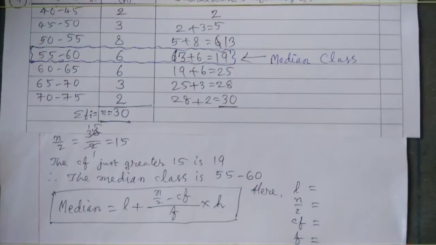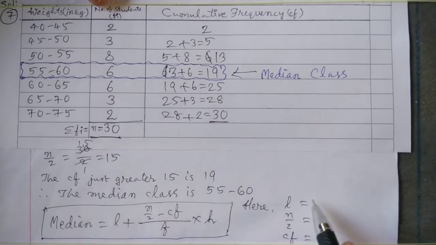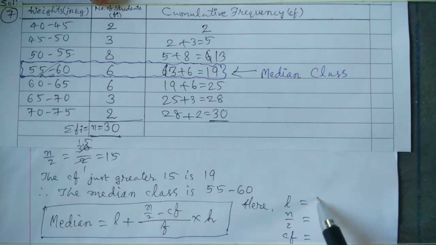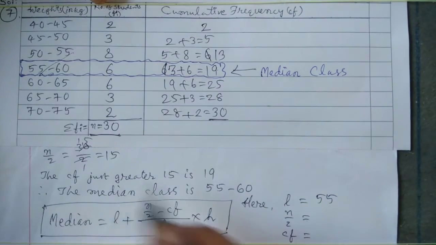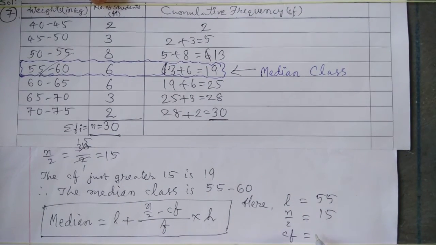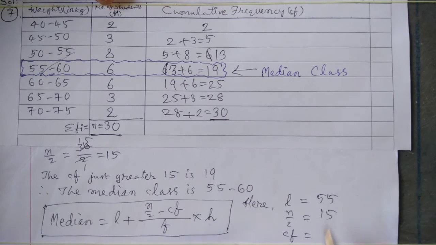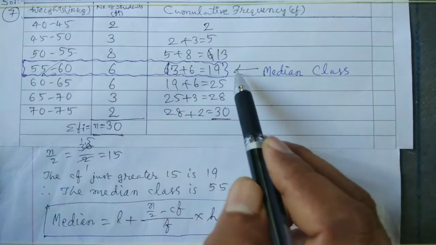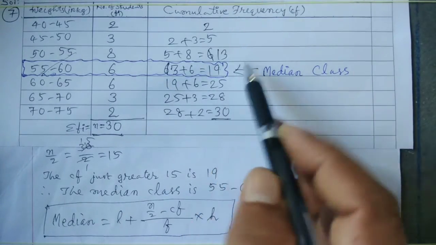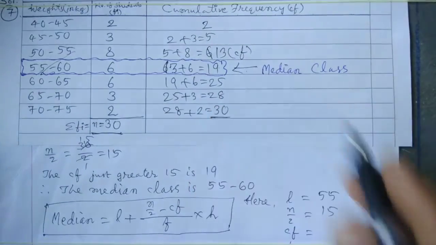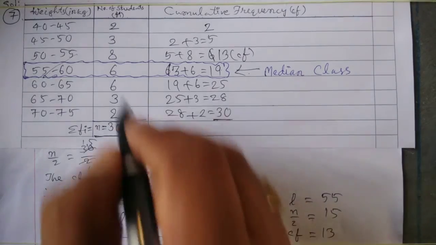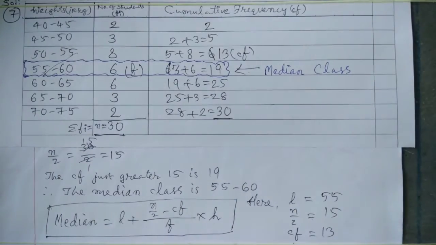L is the lower boundary of the median class, so 55. n by 2 is 15. CF, the cumulative frequency of the class preceding the median class, is 13. f is the frequency of the median class, 6.